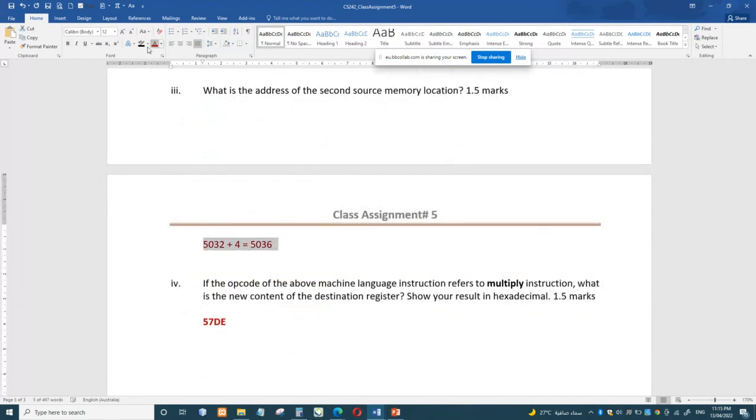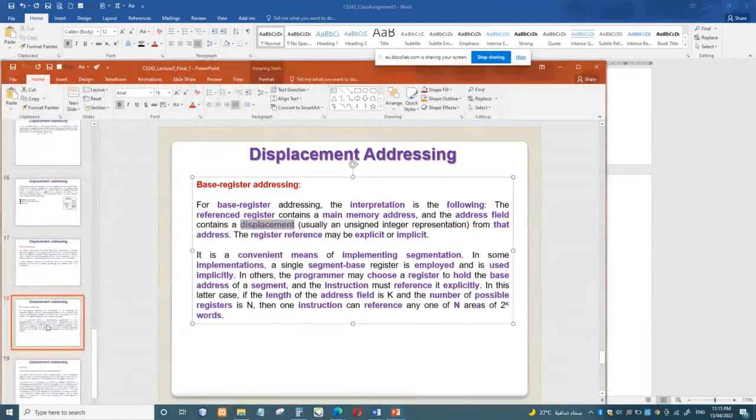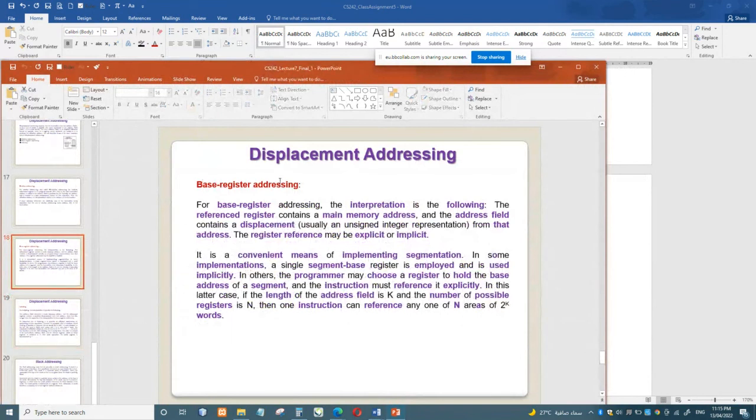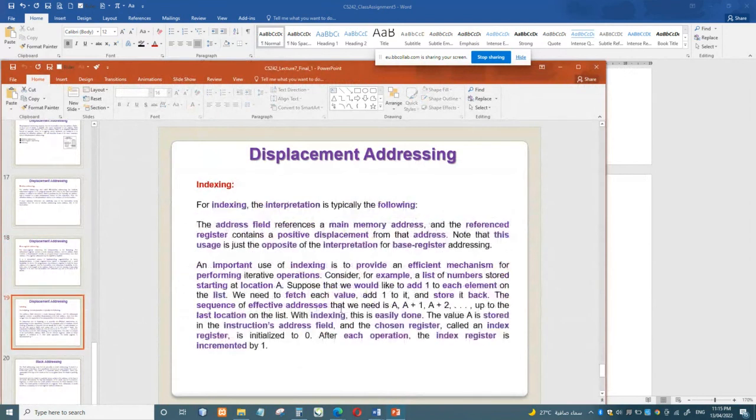Good. Hopefully you understood. Now, one more thing I need to explain. In displacement addressing, one type is base register addressing and another is indexing. Both are the same, with just a slight difference.